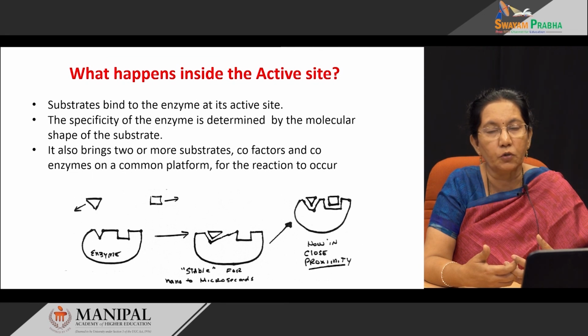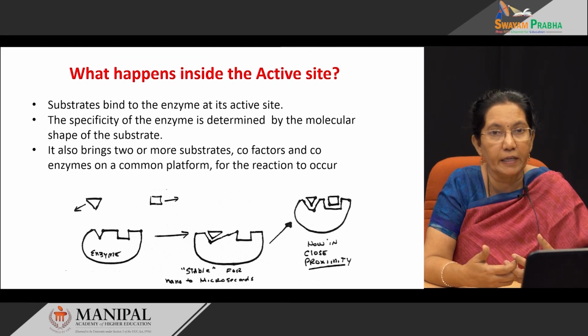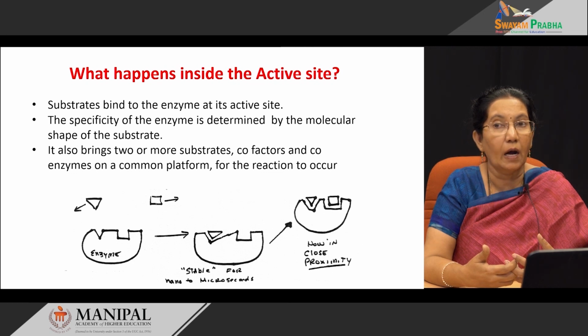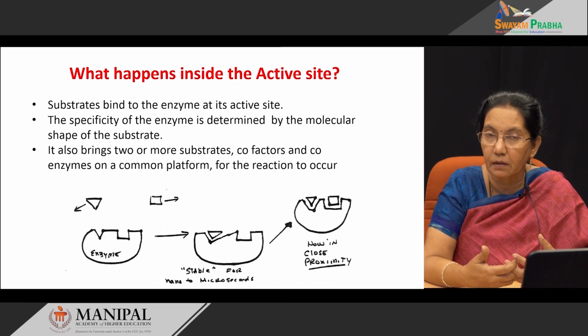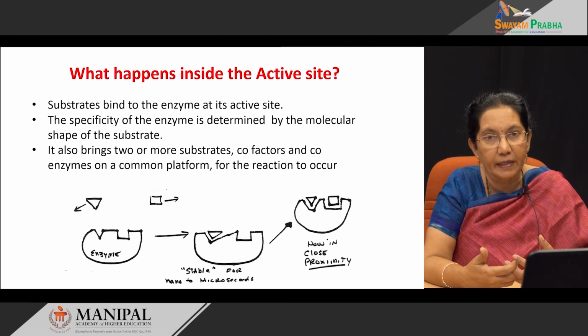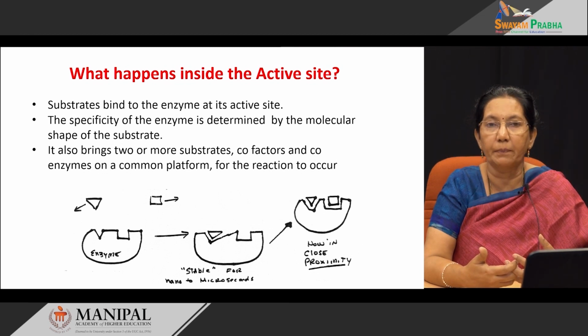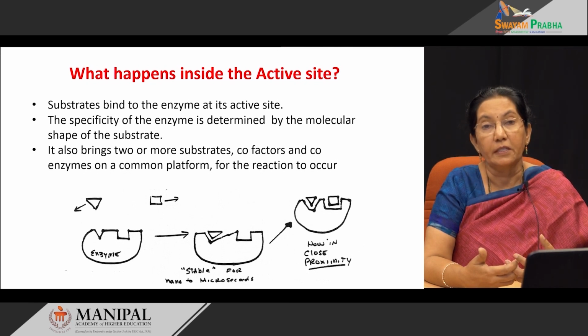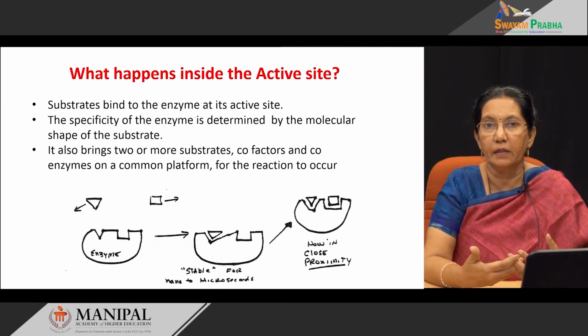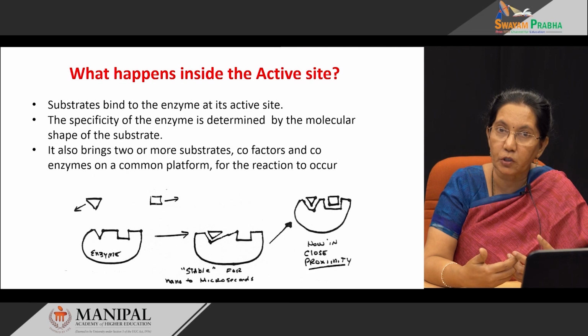These two substrates would have been floating around somewhere in the cytoplasm. Now, what has brought them together? It is a common platform, it is a common active site, and that can only happen on the enzyme molecule. So, it is important to remember that the active site brings together two or more substrates.